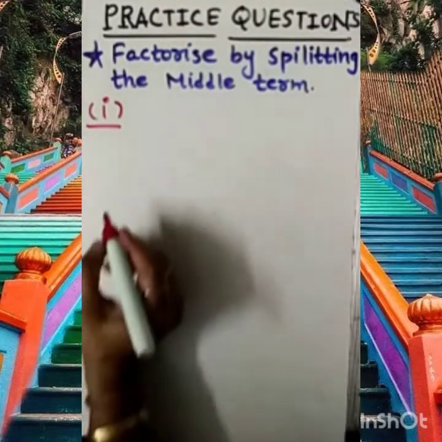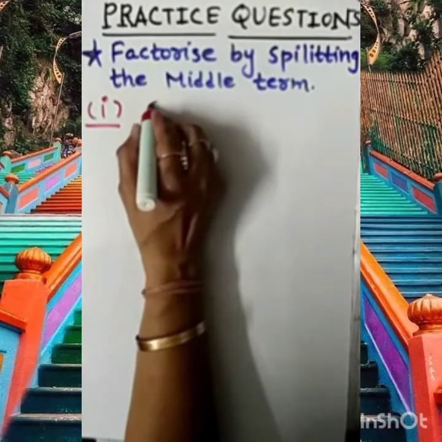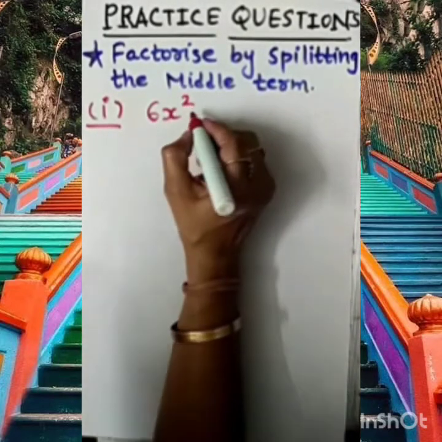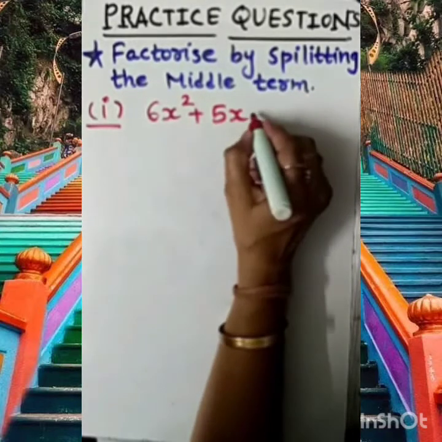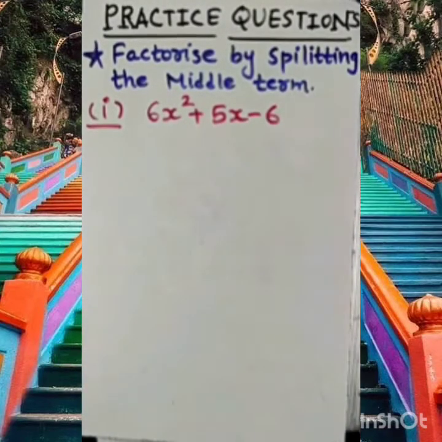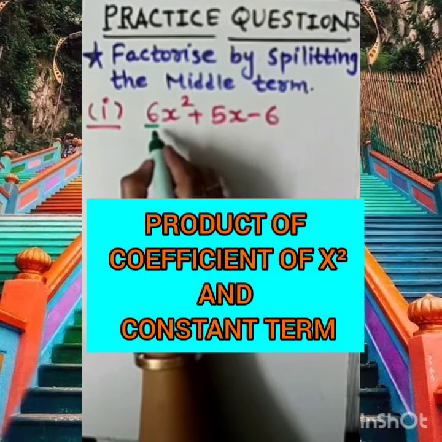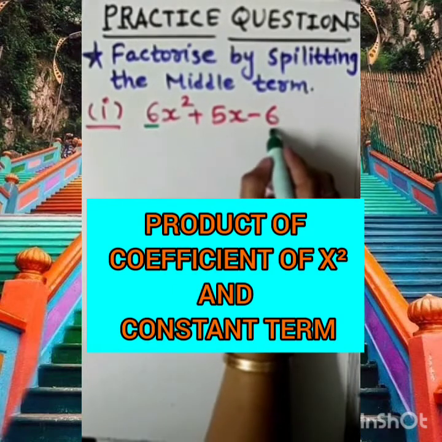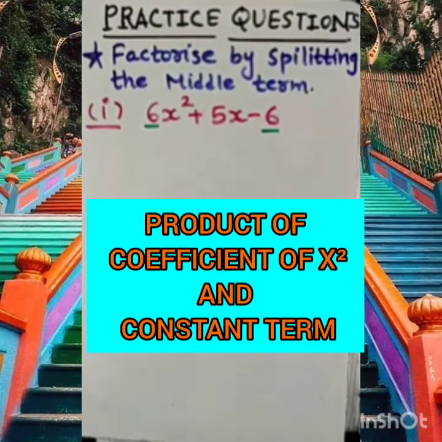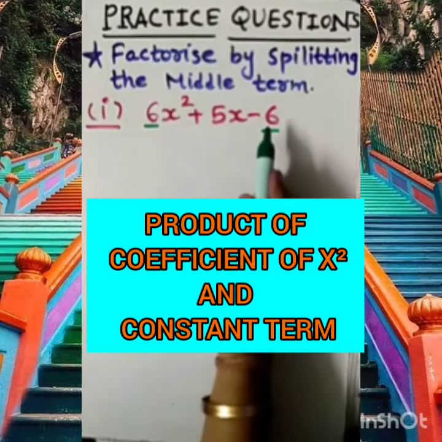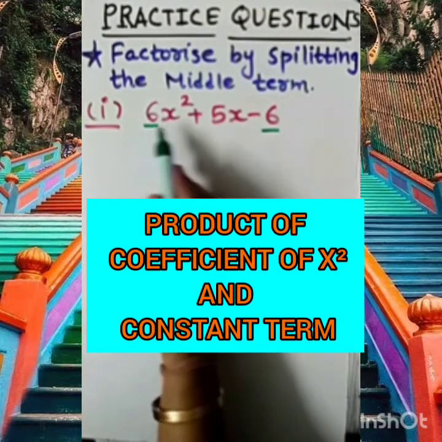The first question for factorization I am choosing is 6x square plus 5x minus 6. In the middle term splitting method, what we have to do is multiply the coefficient of x square and the constant term.